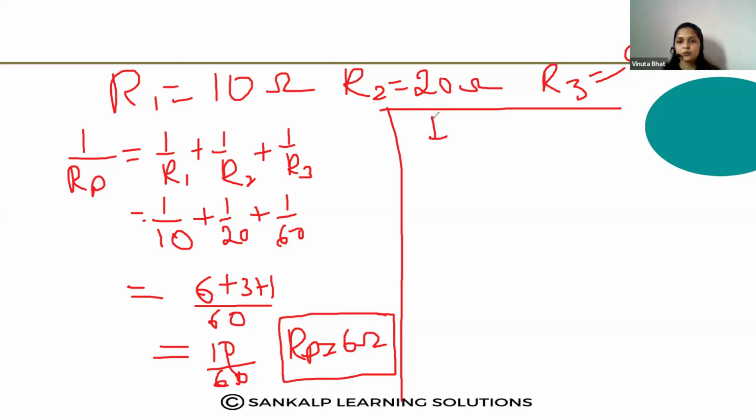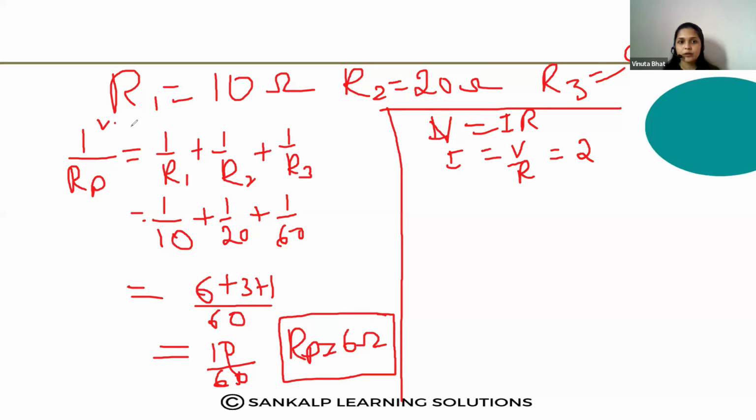V is equal to IR formula. So, I is equal to V by R. So, what is the value of V here? It is 24 volt, already given.